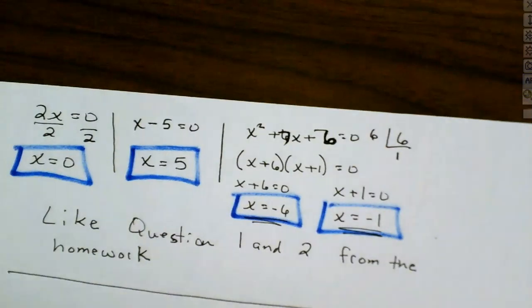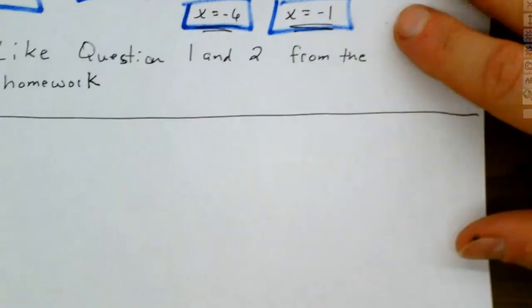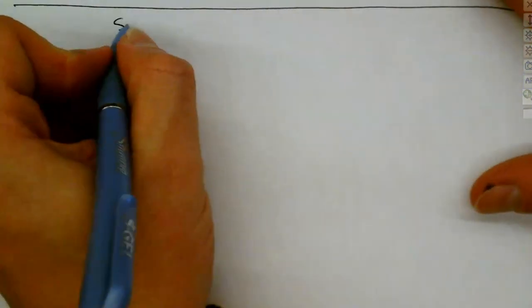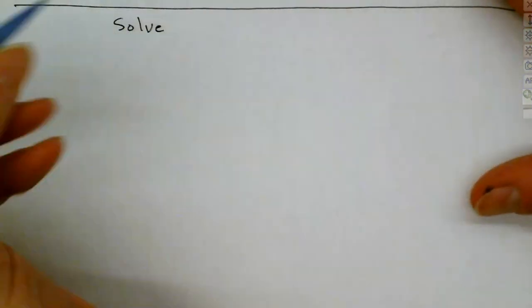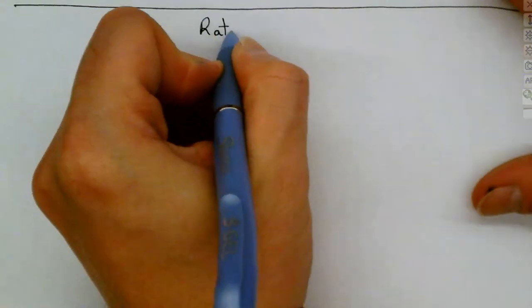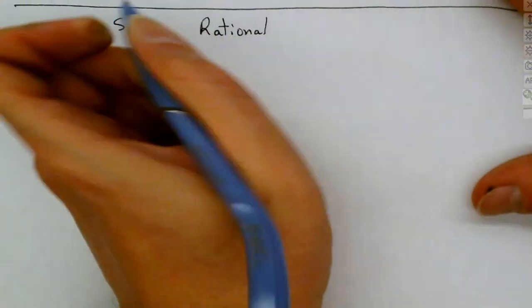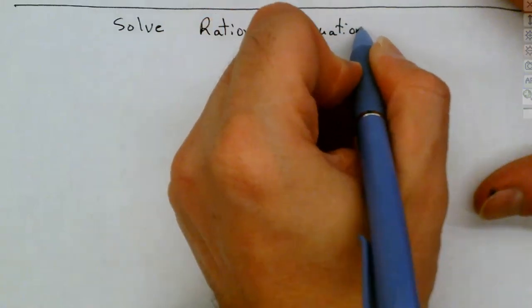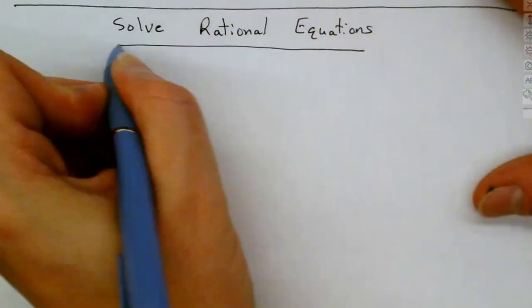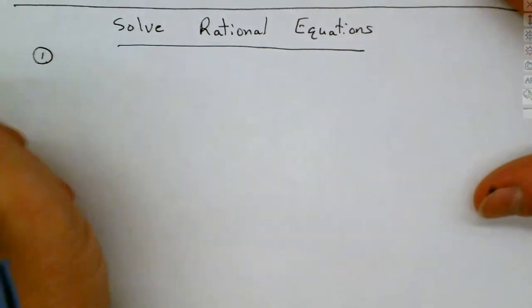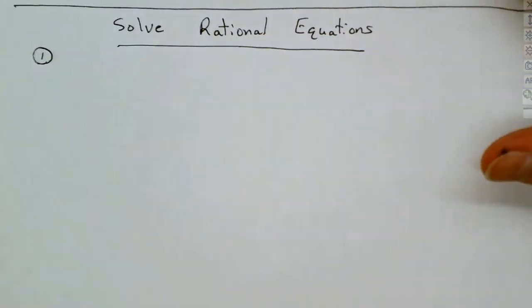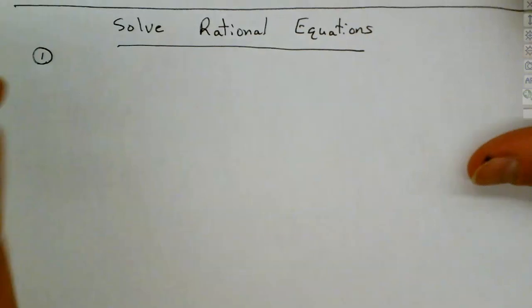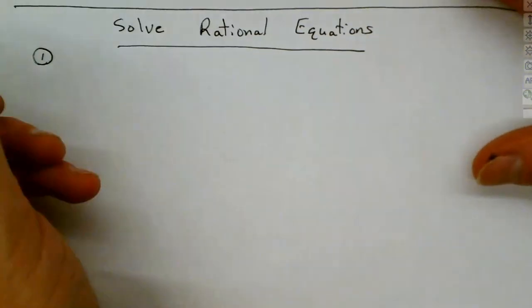And we're going to be solving these now. And we have a step-by-step procedure. So when we go to solve these rational equations, the first step is you find the numbers that are not in the domain.